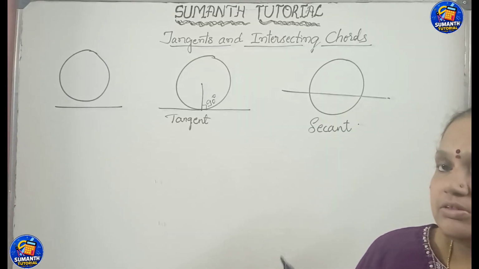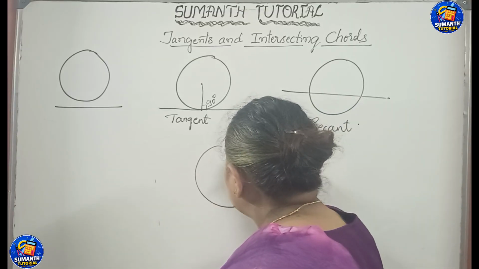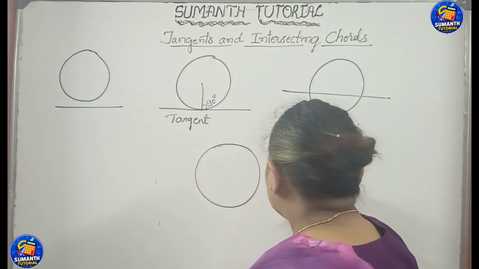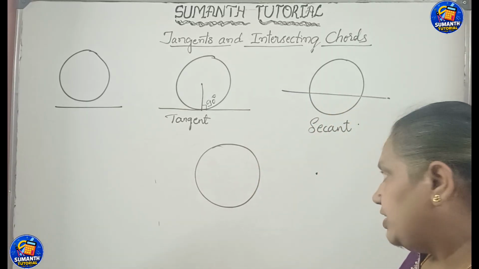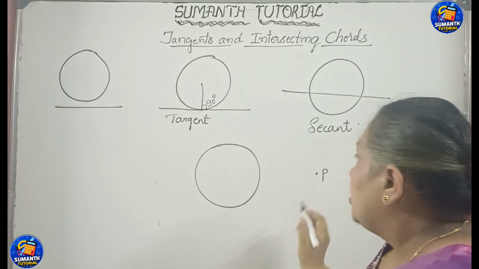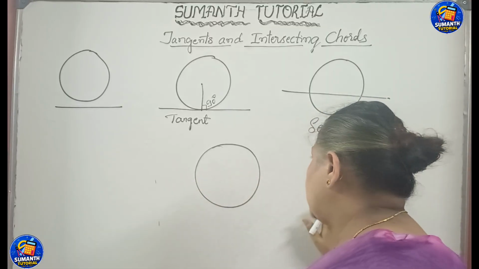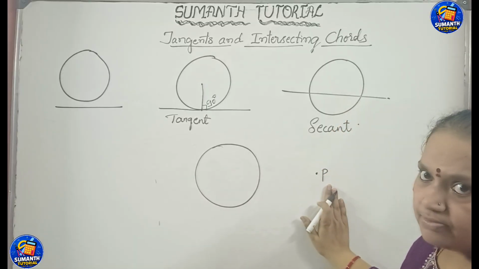The second thing that you have to learn is, if there is a circle and from an external point, for example, I will take this point as P, you draw the tangent, how many tangents can you draw to this circle from the given point P?